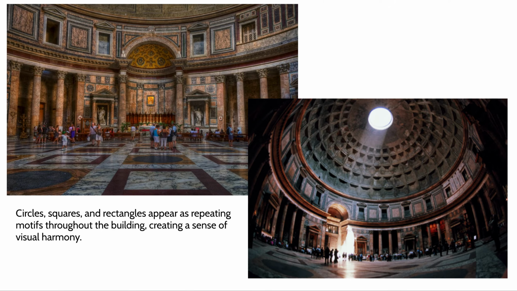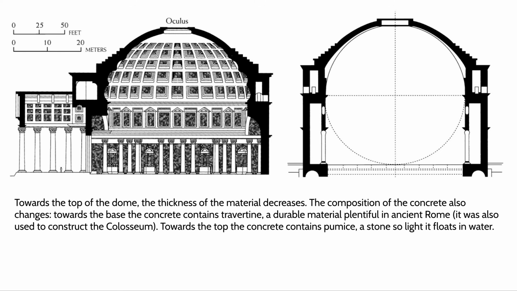Remember that there's no steel or any sort of other material that is being used to reinforce this concrete, so they really need to rely on the integrity of the material and not having it be so heavy. And one of the ways that they do that is by cutting out some of the material. So you can kind of see in this cross section here how some of the material has been removed.